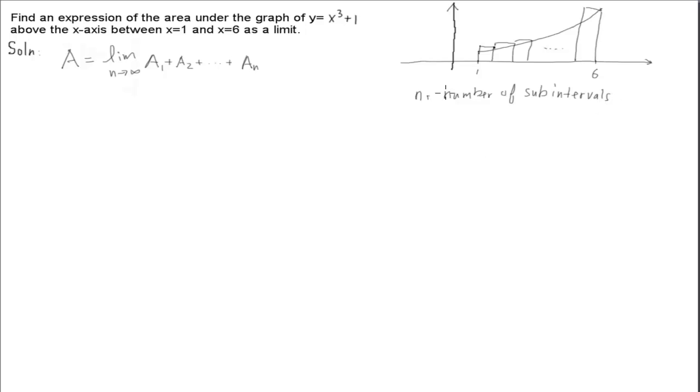If we look at the total length of the base from 1 to 6, we know this number, b minus a over n, is the length of the base of each subinterval.